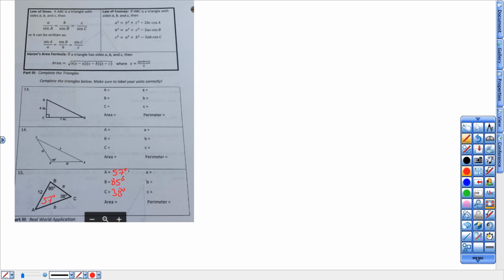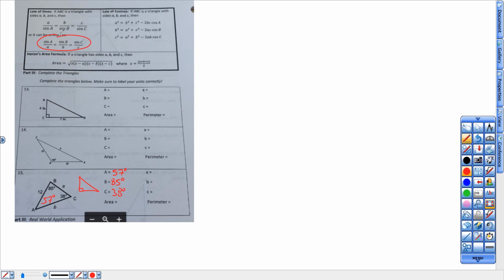To find my sides though, I can't use basic trig because this is not a right triangle with that right angle in it. That forces you not to be able to use simple sine, cosine, tangent. You have to use this identity formula right here.